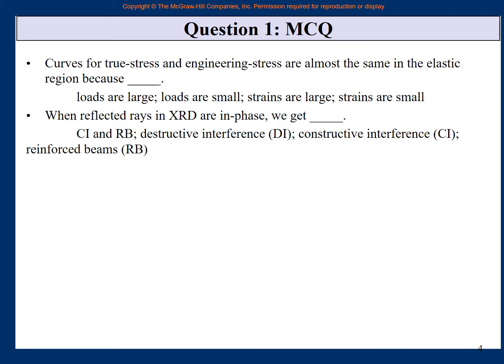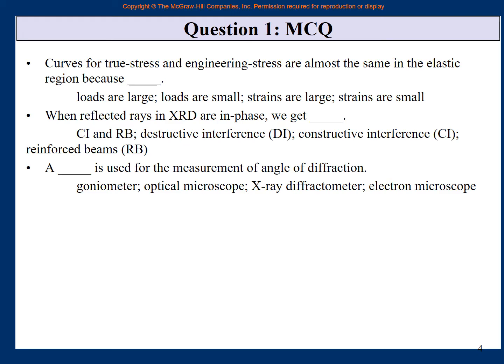It is not destroyed. A dash is used for the measurement of angle of diffraction. Goniometer, optical microscope, X-ray diffractometer, electron microscope. If you had studied your X-ray diffractometer, then the small device inside it which measures the angle of diffraction is called the goniometer, right?